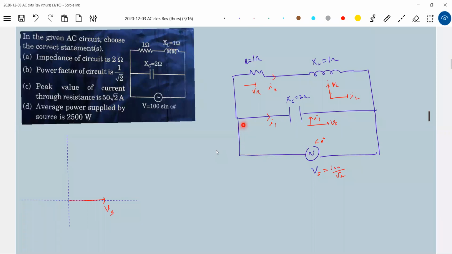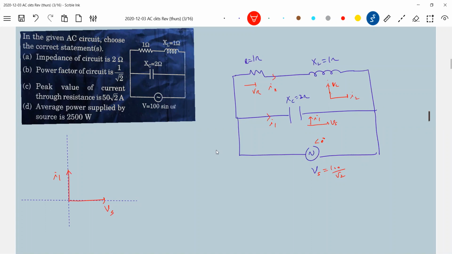Now you can ask questions. How can you say this has zero phase? This has 90-degree phase. Then across the RL circuit, what should happen to the current? The current should lag the applied voltage, no? If the applied voltage is taken as 0, let me start from here. So this is the current I1. No need of a vector diagram.